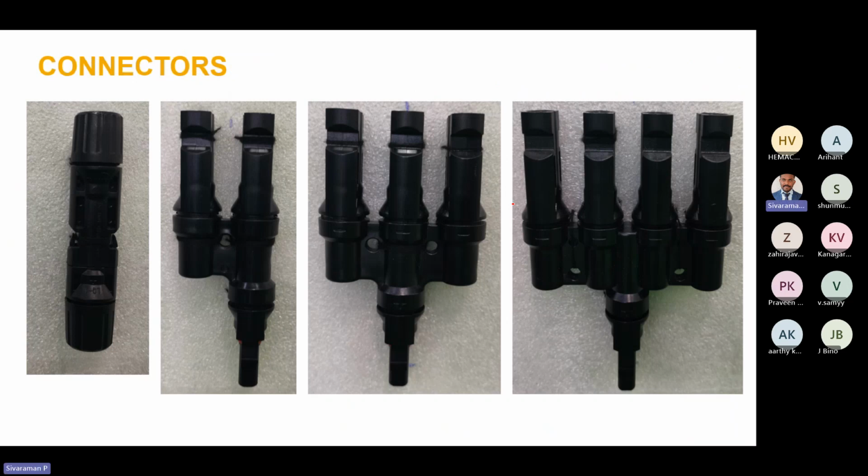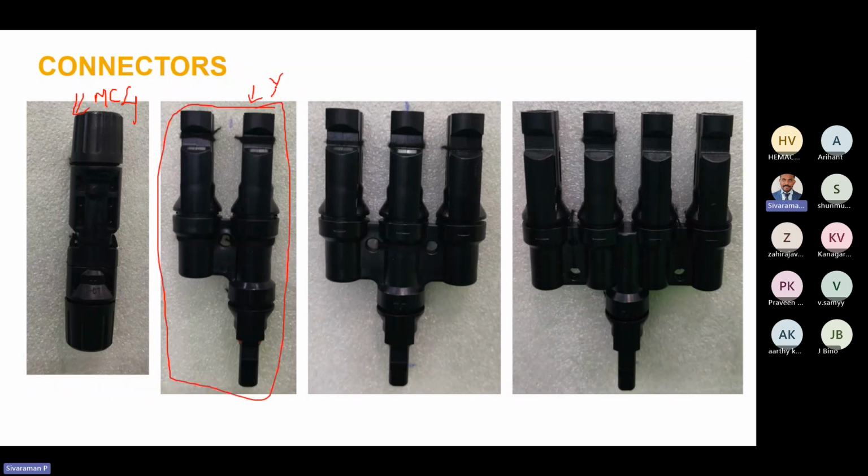So in this photo what you are seeing is the device for connecting the number of panels. Okay, this connector is called an MC4 connector. These connectors are normally called Y connectors because they look like the letter Y, right?